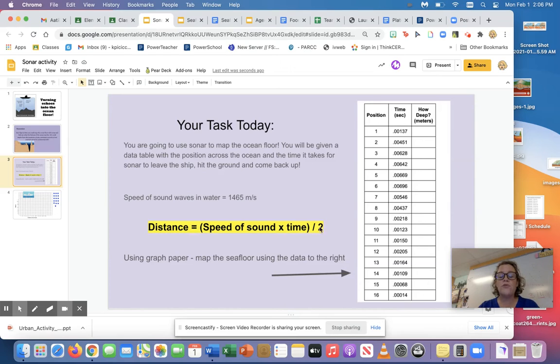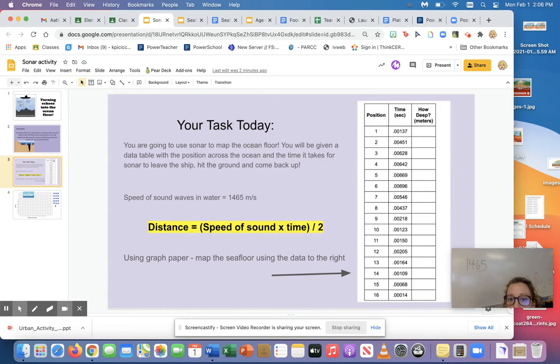So what we have to do is carefully follow the formula. If you look at the formula, it's the speed of sound times time divided by 2. Let me quickly write that on the board in case you get confused. You're going to take the speed of sound, which is always 1465. Can you see that? Probably not. 1465.